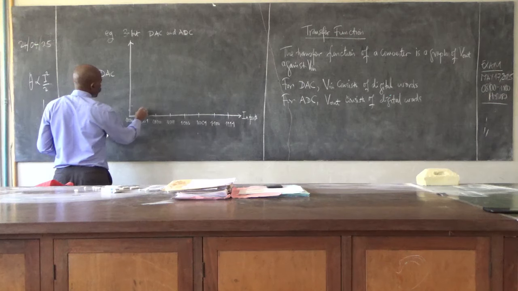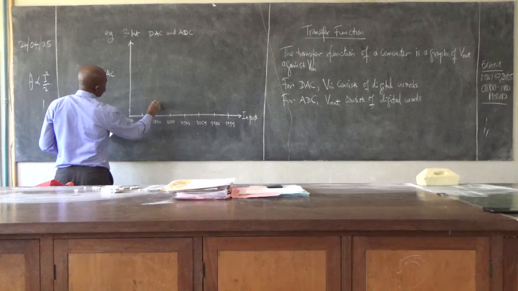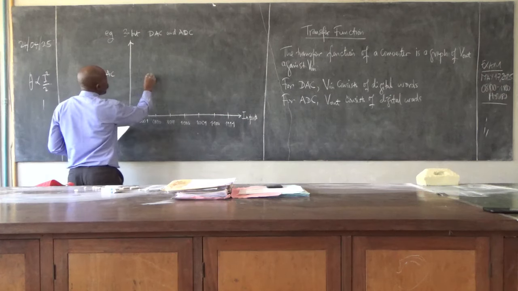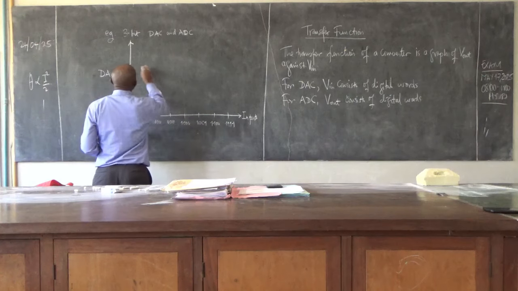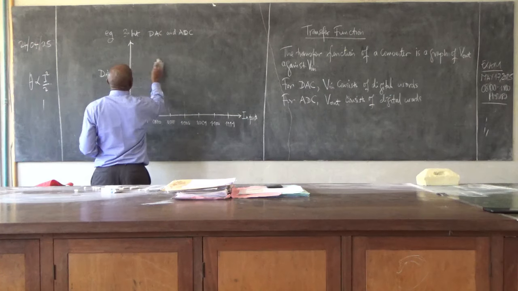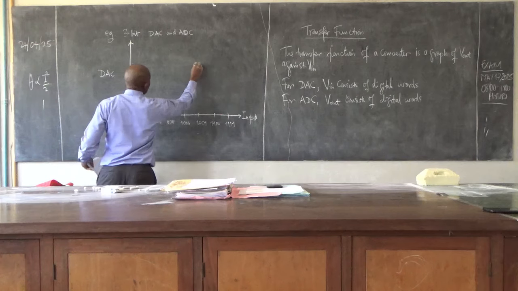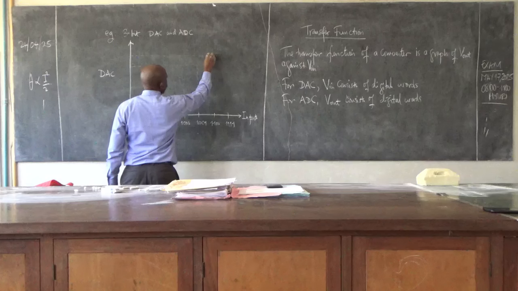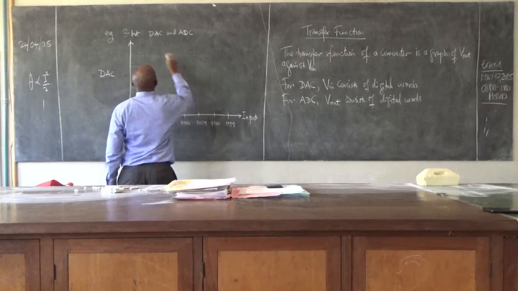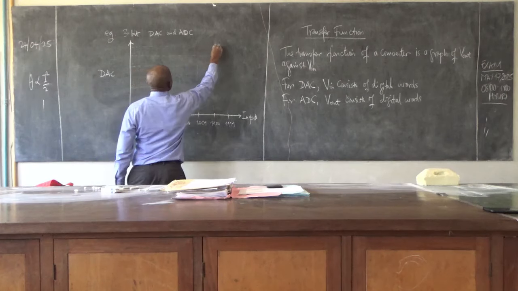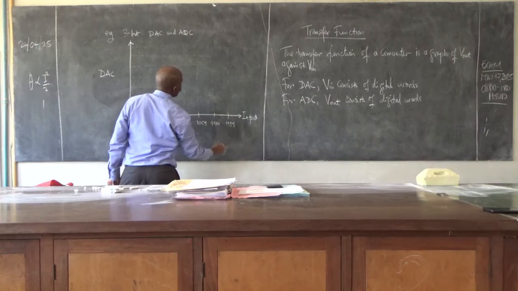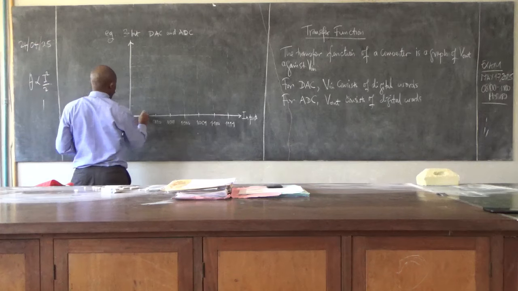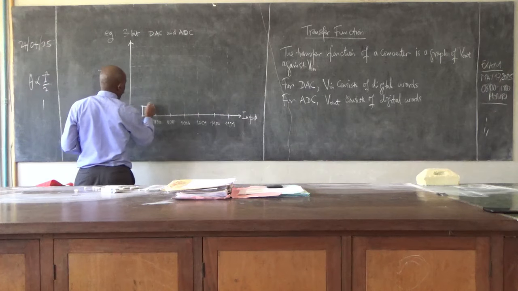So I will have this corresponding to this, corresponding to this, corresponding to this, I'm done. I will draw the line, hopefully nicely later. So I will have these steps here.